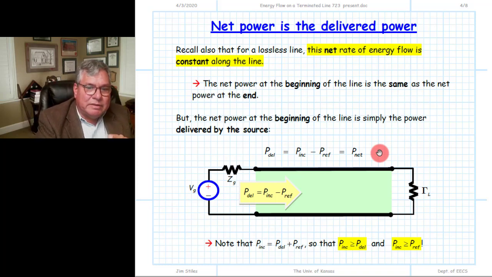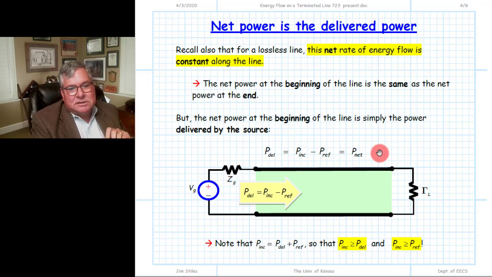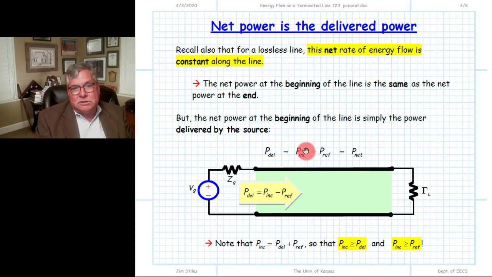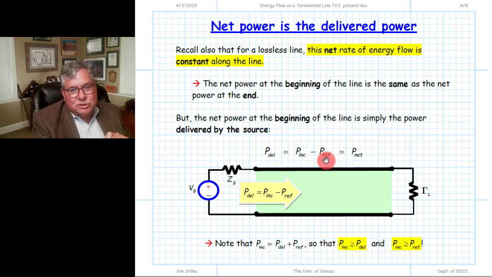Once again, the important thing to think about here is the relationship in terms of the size of each of these values. Because they're all positive, the incident power is going to be the greatest of those four powers in this equation. The incident power is going to be greater than or equal to the reflected power, as we know, and greater than or equal to the net power, as we know.